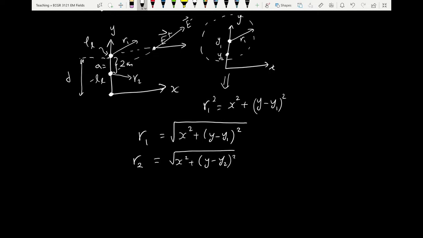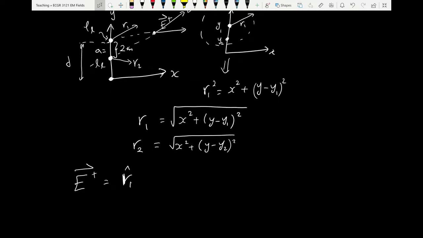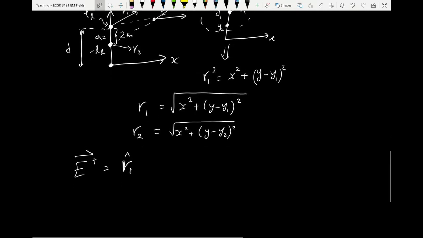So I can write E plus equals the unit vector in the direction of R1, which we will rewrite in Cartesian coordinates soon.